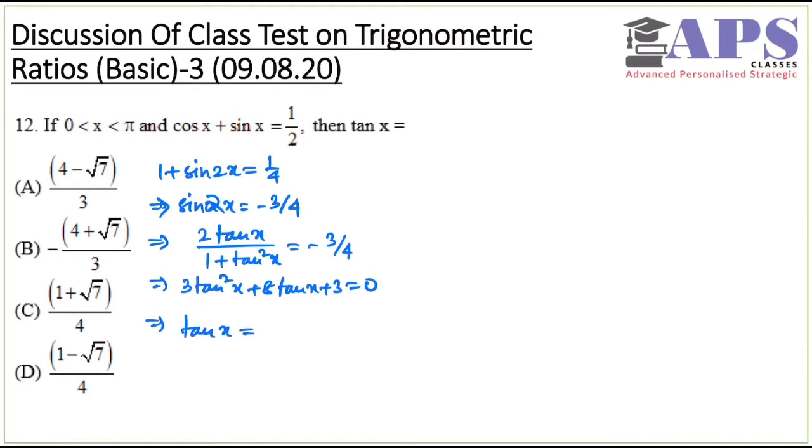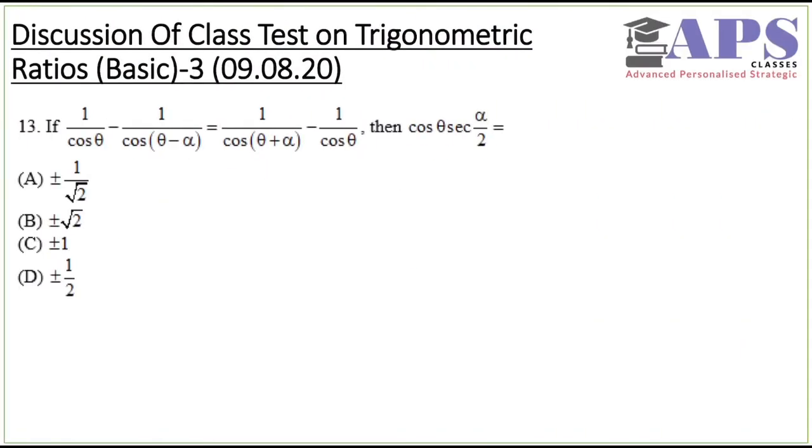It's not factorizable. It is minus 8 plus minus root over 64 minus 36 by 6, which can be written as minus 4 plus minus root 7 by 3. So now one is minus 4 plus root 7 by 3, that can be there, or minus 4 minus root 7 by 3, but according to the option, B is the one that is matching here.